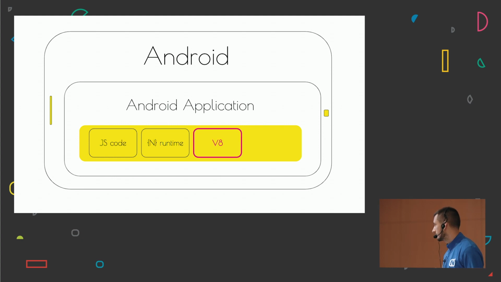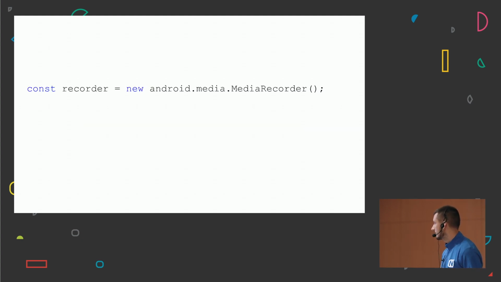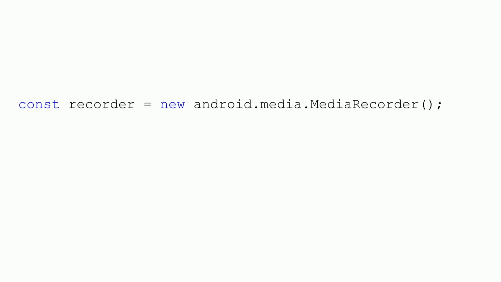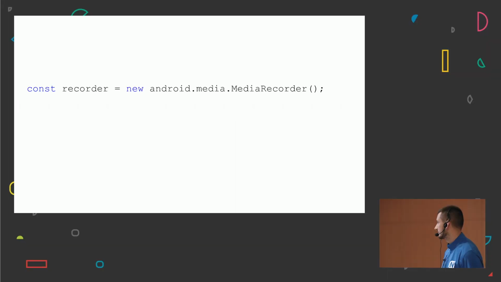So we have V8. And let's take a look at an example of how we can use a native API through JavaScript. So you can see that we're trying to instantiate some media recorder class. But we haven't defined this anywhere. How does it work and what is that actually?